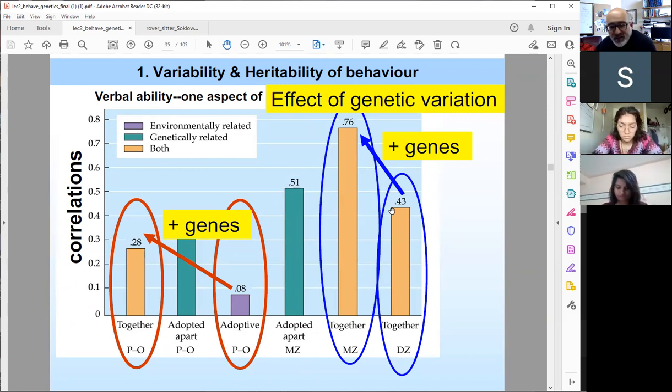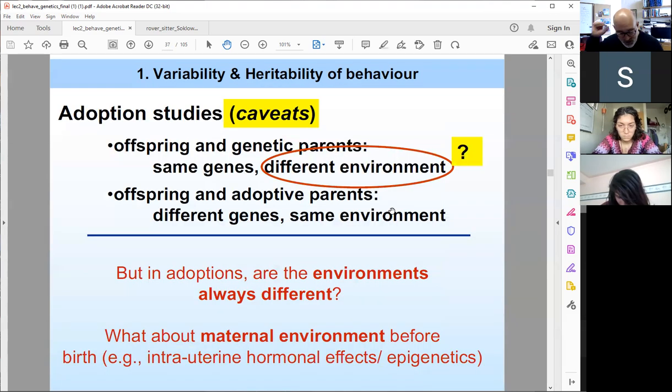And so the suggestion is that intelligence, and we're not using IQ tests here necessarily, we're thinking about aspects of intelligence, whether it's verbal ability or other aspects, tends to have a heritability of between 0.4 and 0.8, depending on the study and depending on the exact aspect of intelligence that you look at. And that is very similar to what we see in other complex behaviors in other species, right?